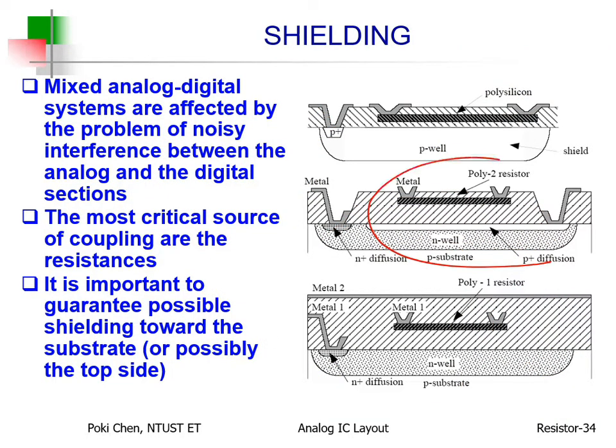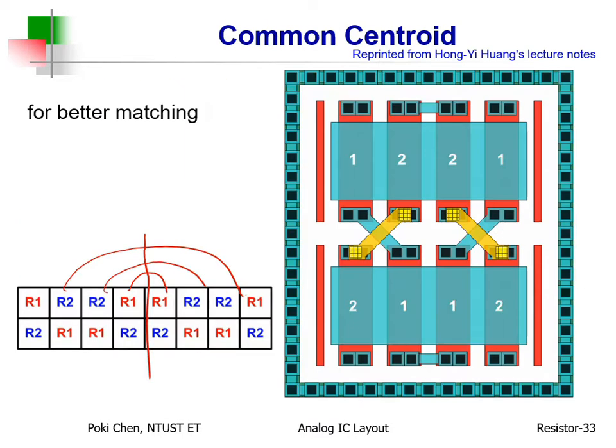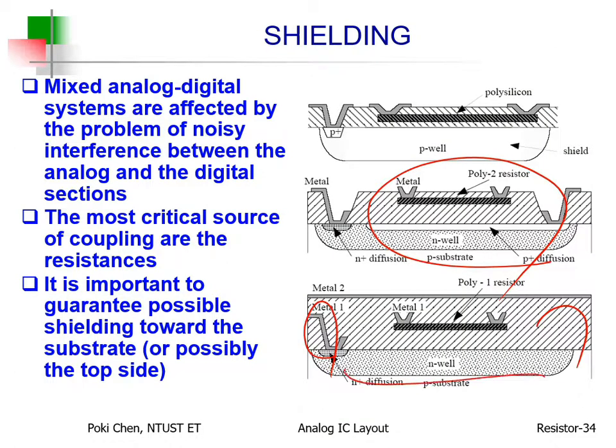This is already very good. If you would like to make it even better, you can have not only shielding here, okay, to surround the resistor with that ring, but also the bottom plate and the top plate to make it even better. All right?